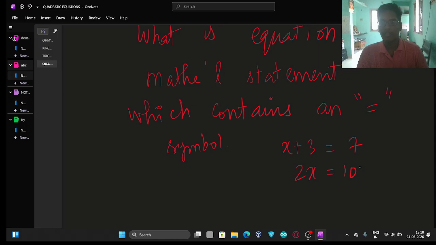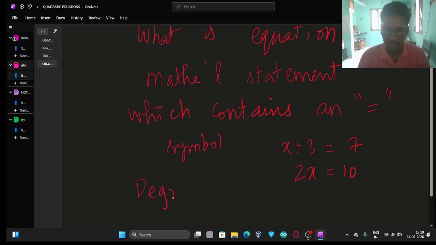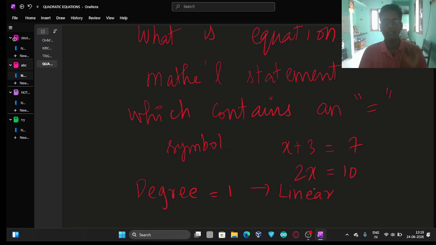If the degree is 1, where degree is the highest power of the given equation, it is called a linear equation. If you plot the particular equation in a graph, you would end up getting a straight line.